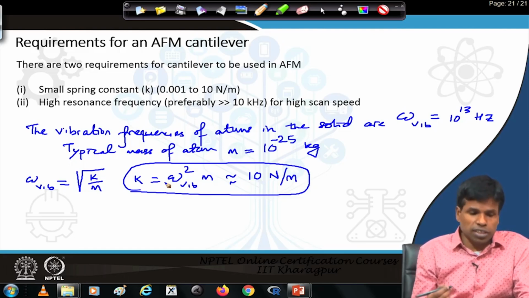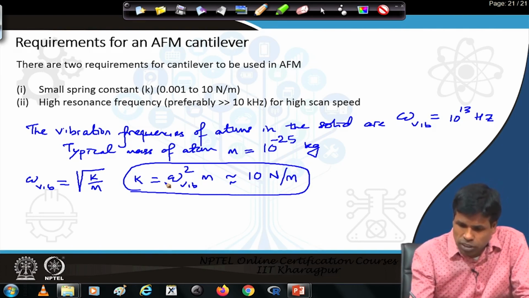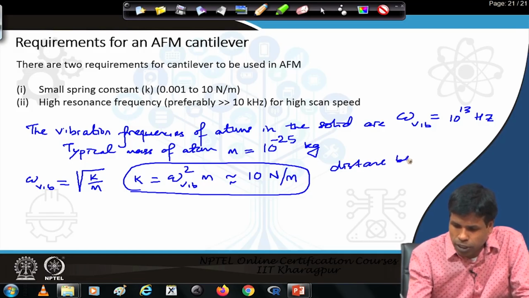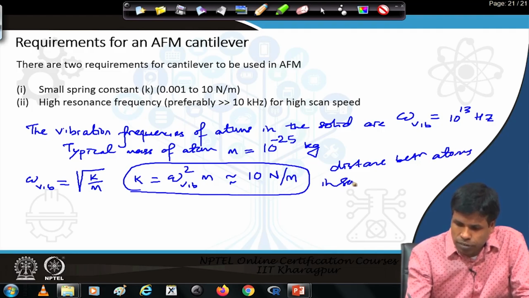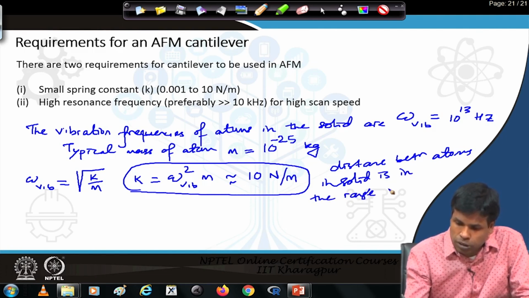And we know the distance between atoms in solids is in the angstrom range, in the range of 10 to the power minus 10 meter.